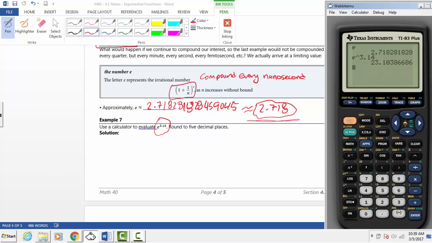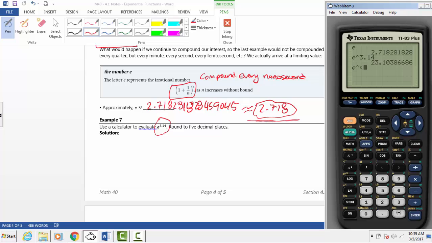If you want to do e, it has its own button right here. So you hit second, and you do the button right above ln, which is on the bottom left here, and that will do an exponent of e for you right away. It's second ln, like that.